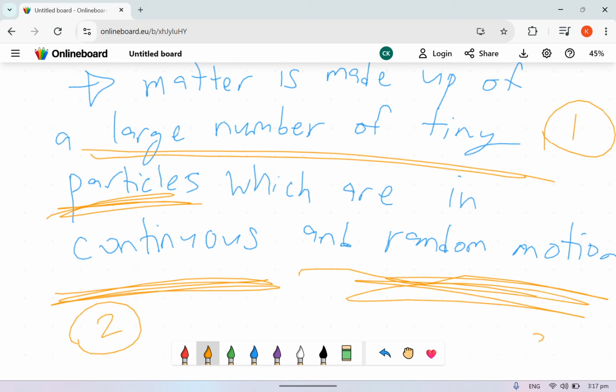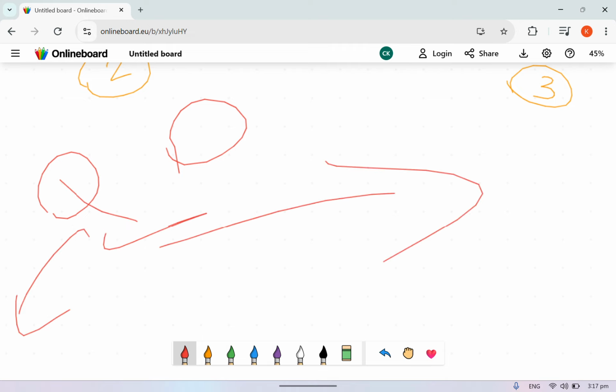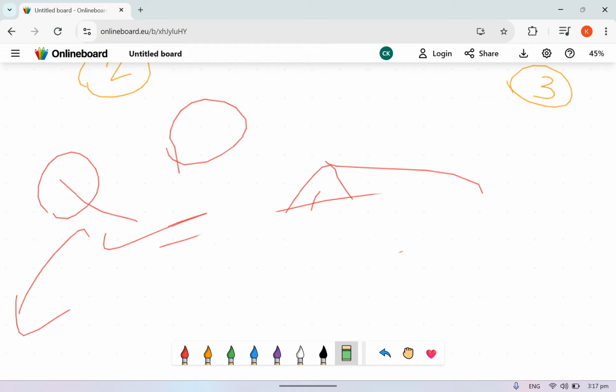Random motion, point three. So it's basically just like a way of saying we have these particles over here. They are in continuous motion, so they will never stop moving. They will just keep moving here, moving there. And it's random motion. That means there isn't like a certain direction they are going. They can go here, they can go there. Alright? So that is basically what the kinetic particle model is about.